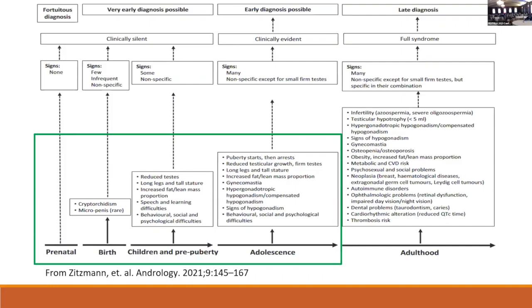We continue to see the tall stature. We may see things like gynecomastia. We start seeing probably signs of maybe some metabolic syndrome as well. And everything, if we're going to see it, may get worse as the lifespan progresses. This is probably typical for a lot of genetic conditions, but for Klinefelter, it starts to become more and more apparent, which is why, of course, we get diagnosed oftentimes later in life.